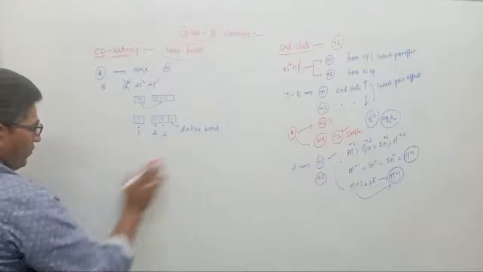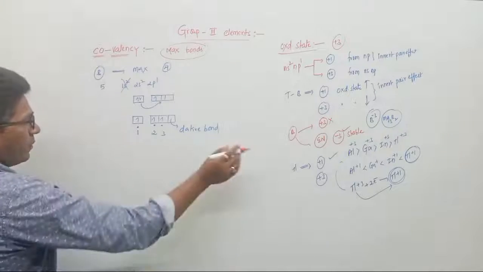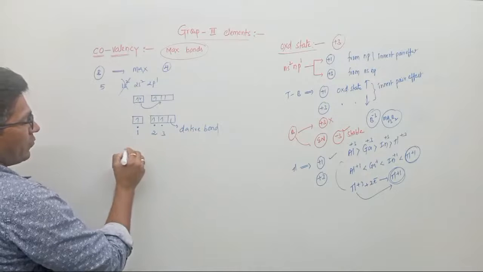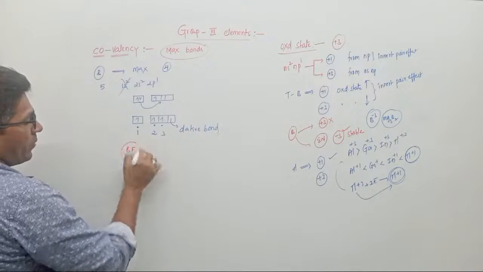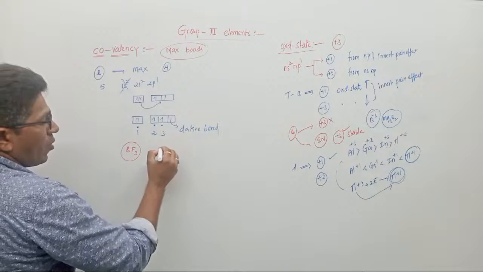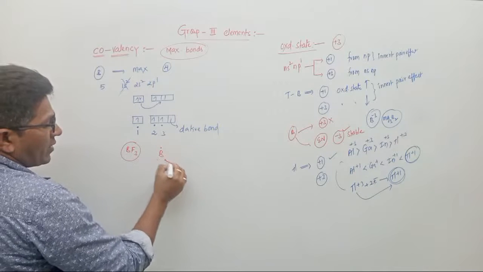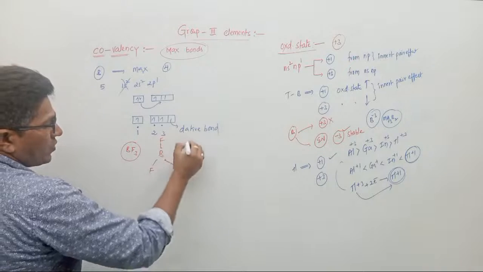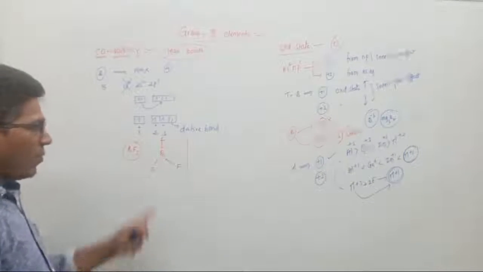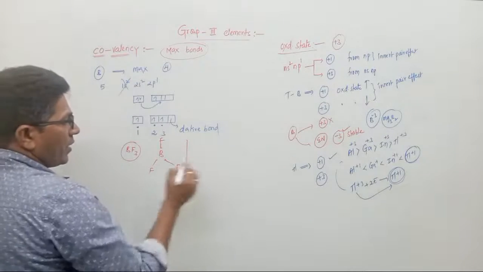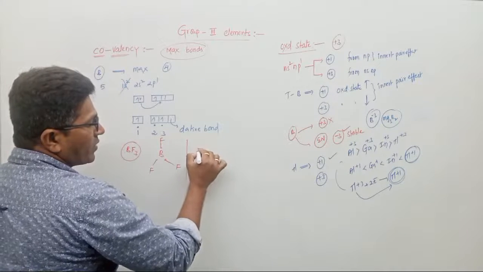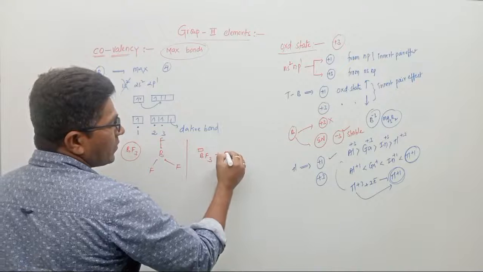See the example, BF3. In BF3, boron has how many valence electrons? 3 valence electrons, shared with 3 fluorine atoms. So it is the BF3 molecule, number of bonds equal to 3. Next, in BF3, boron has a vacant orbital.